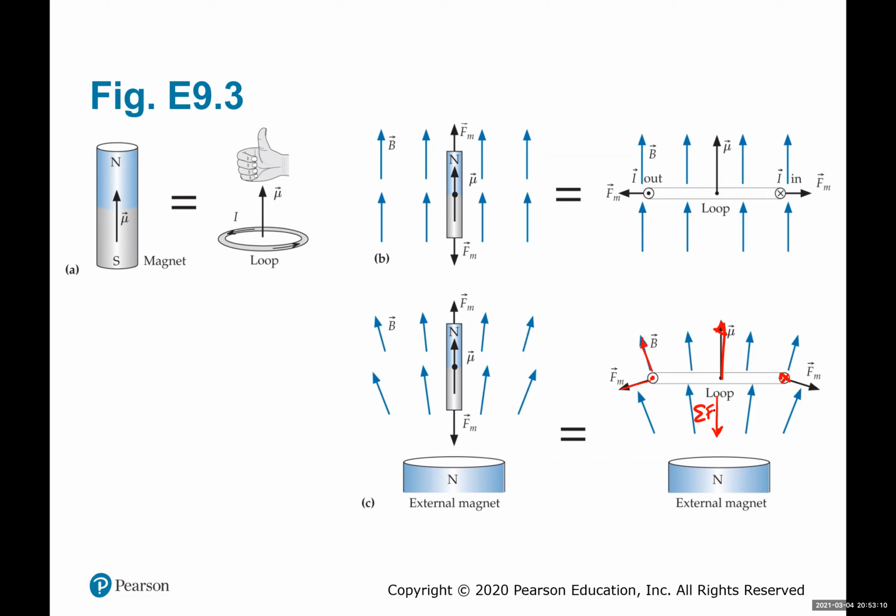And we see that we get identical behavior from current loops as we do from bar magnets. As far as their response to external magnetic fields, I cannot tell the difference.